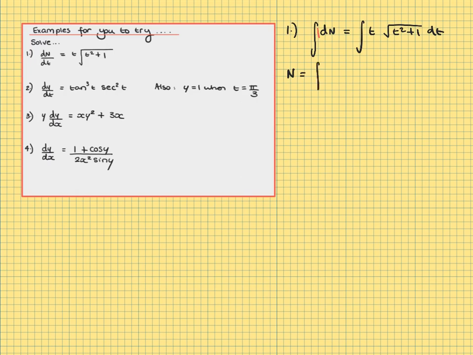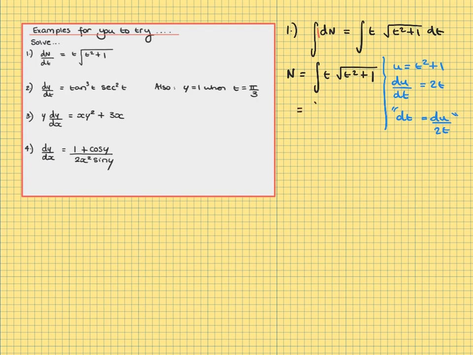On the right hand side we have to integrate this result over here, which we're going to do by substitution. So I'm going to say u equals t squared plus 1, du by dt equals 2t, and then this step here, which you may or may not use, but dt equals du over 2t.